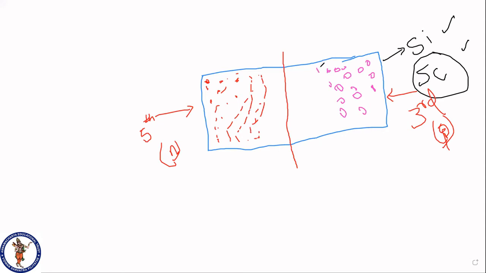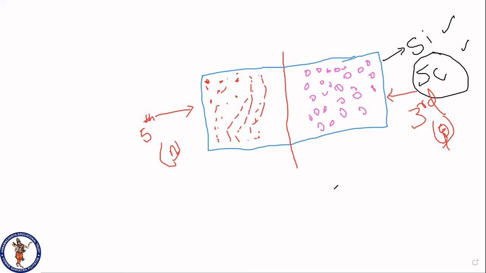In your theory classes, they might have explained holes on this side and electrons on the right side, but this is pretty much the same process and there is no difference at all. So there are electrons here and holes here.